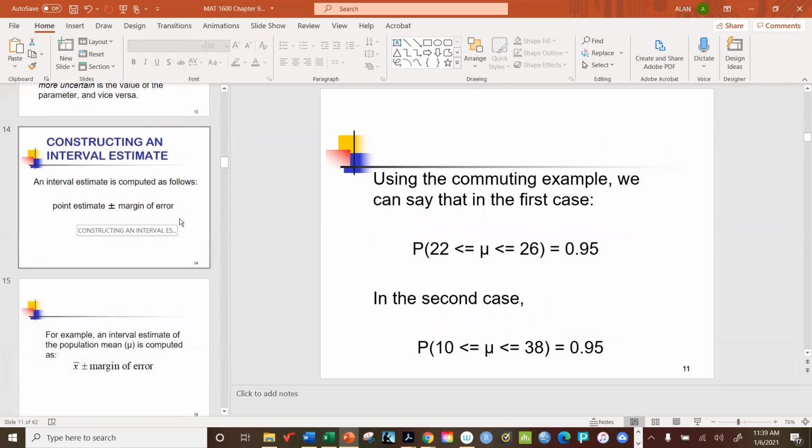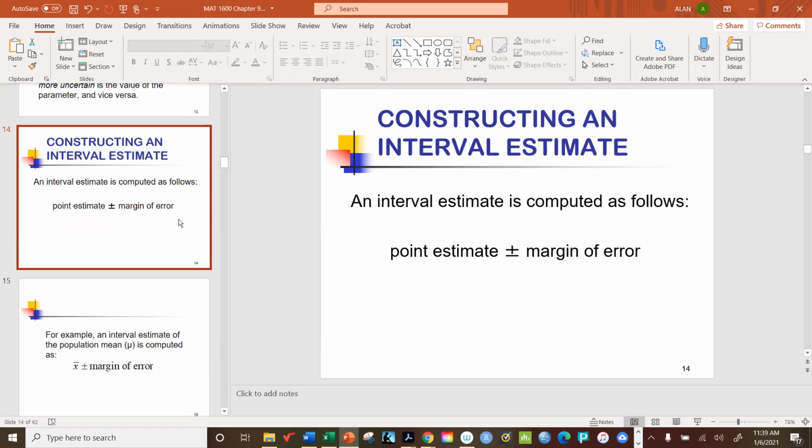All right, now we're going to introduce a couple of new terms. An interval estimate, in the most general terms, is constructed as a point estimate plus and minus what we're going to call a margin of error.